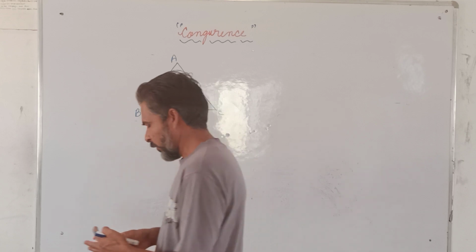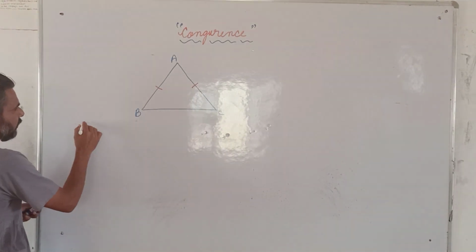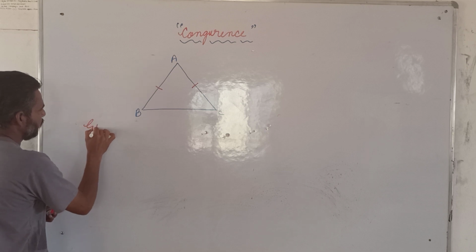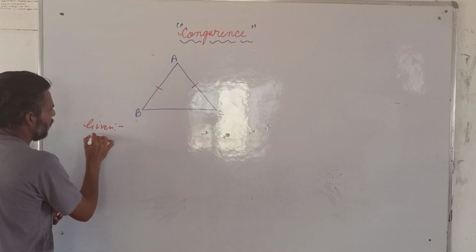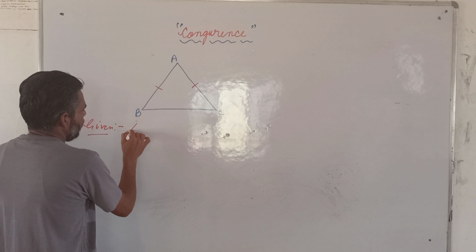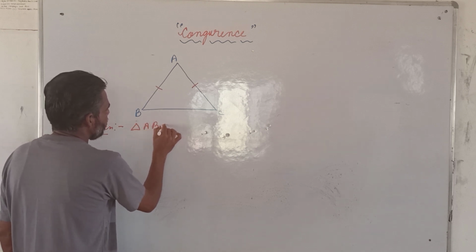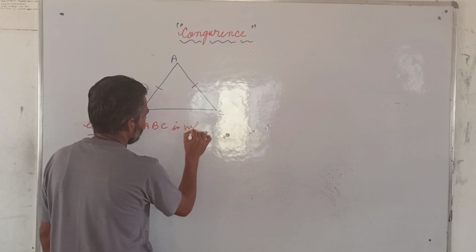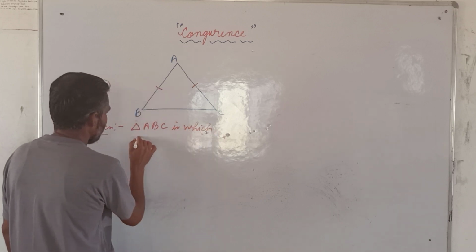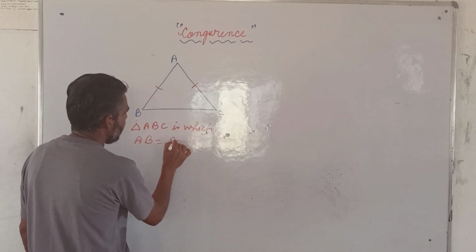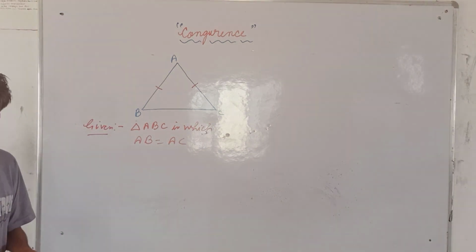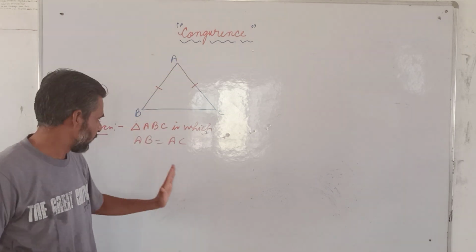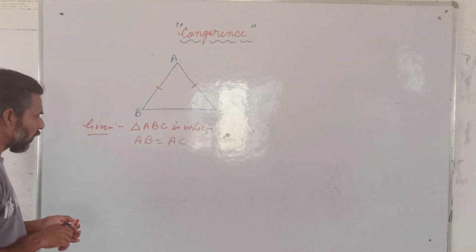First of all we have to write what is given: triangle ABC in which AB is equal to AC. In triangle ABC, two sides are given equal, AB is equal to AC. This is given. Now what do we have to prove?